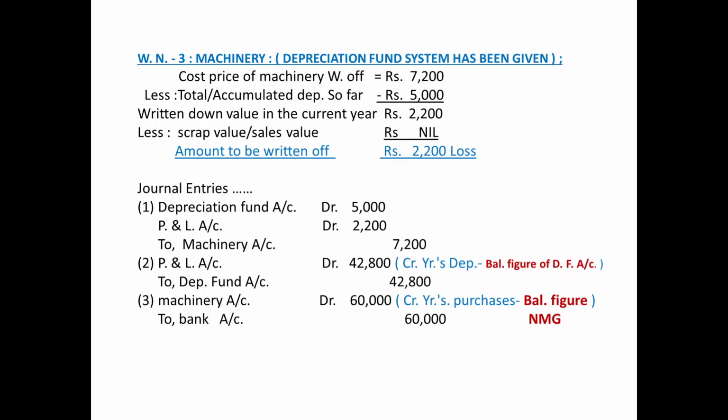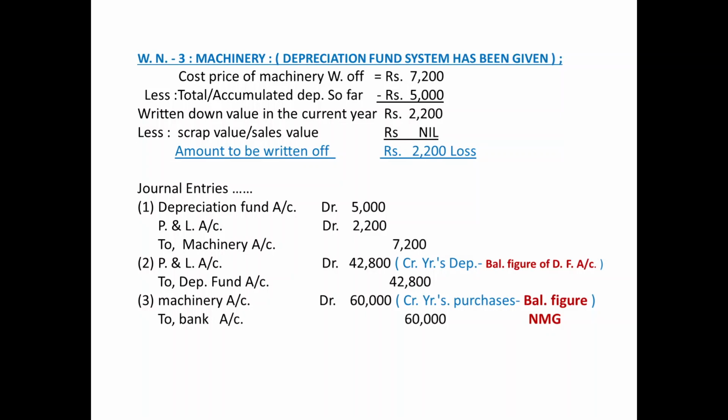whenever transactions happen like selling of an asset or discarding of an asset, like it is here in this particular case, where one machinery has been discarded, the total accumulated depreciation of that particular fixed asset would have been included in the opening balance of depreciation fund.